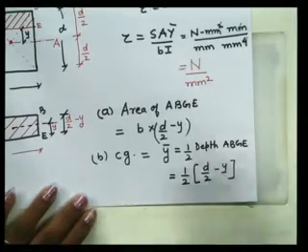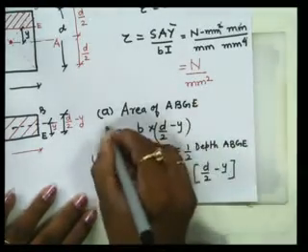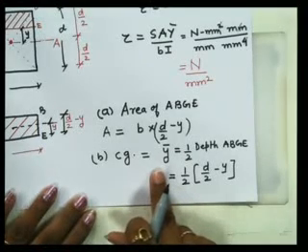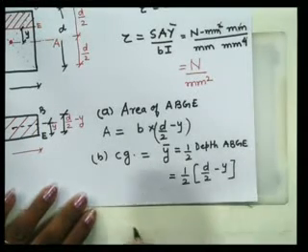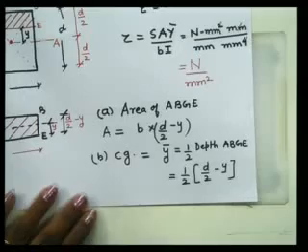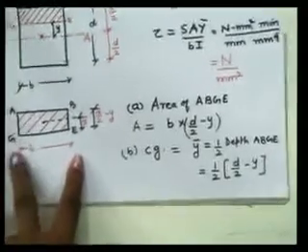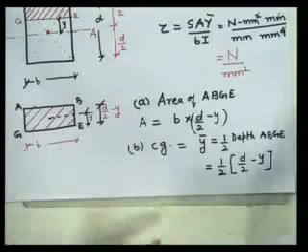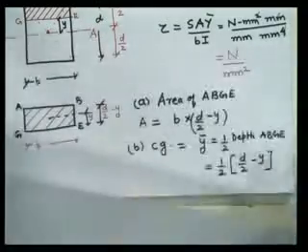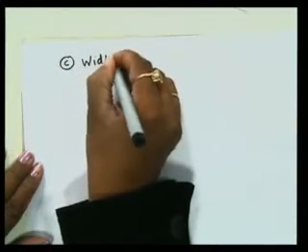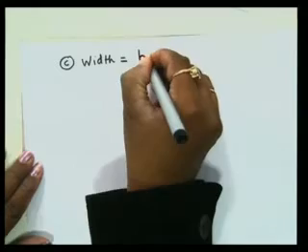So we have calculated area A and y bar. Now the width of the section is nothing but B.